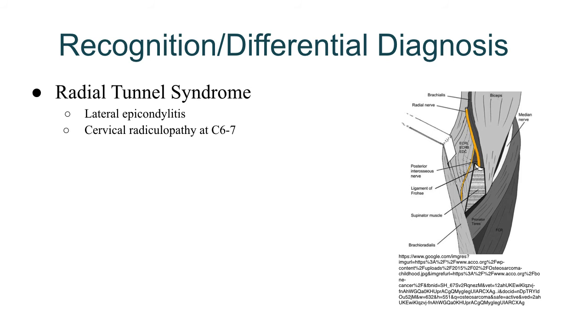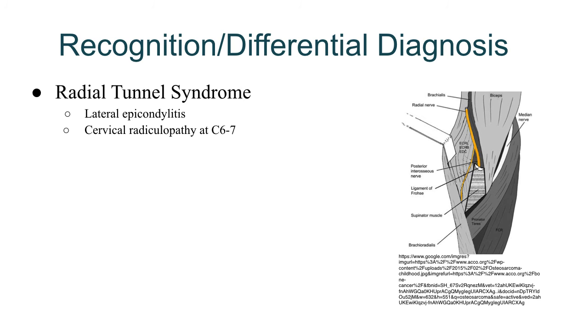Lateral epicondylitis and cervical radiculopathy at C6 as well as C7. That's just a few. Lateral epicondylitis, I would say, as well as some pronator teres pain could also be thrown in there. But as far as recognition, we kind of already went through that with weakness and things as well.